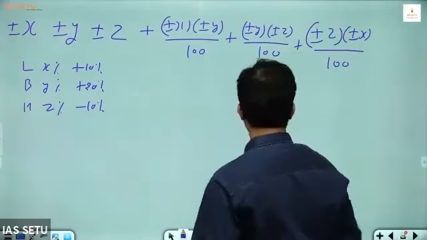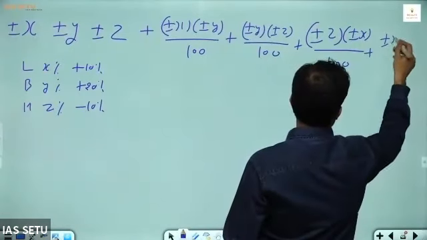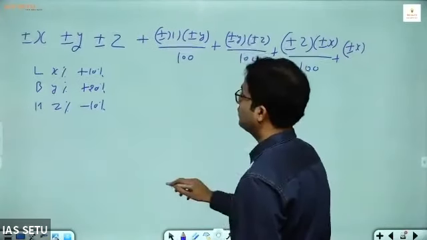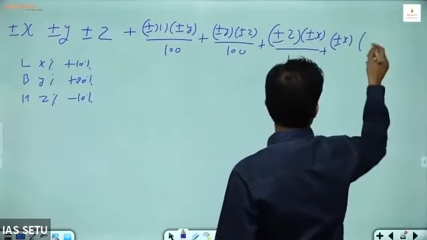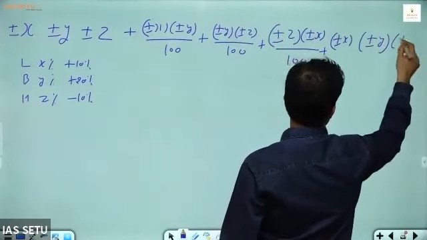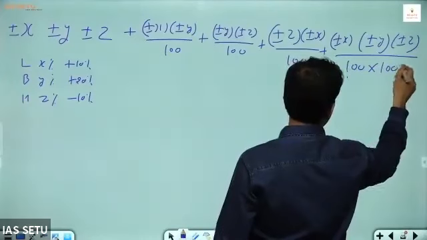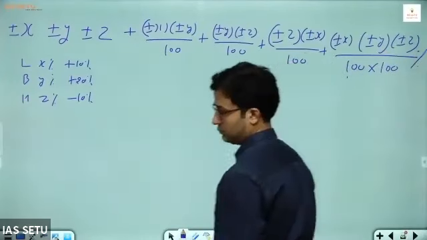Wait, one is happening. Plus minus x into plus minus y into plus minus z upon 100 into 100%.